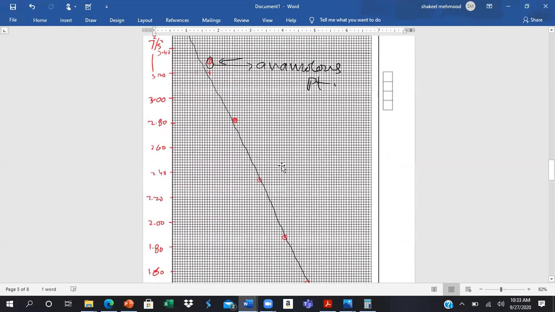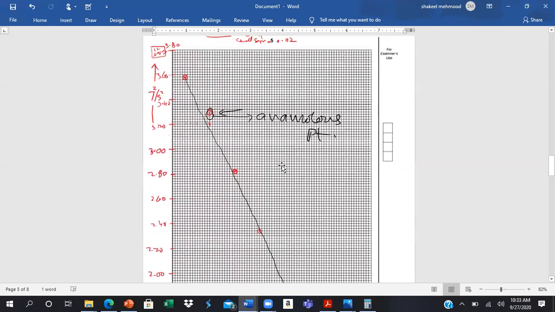But make sure that the points you select on the best fit line are more than half the line length apart. Let's say I have selected this one with coordinates x1 y1, and then I have selected this one with coordinates x2 y2, and what I have to do is draw a line like this, right?